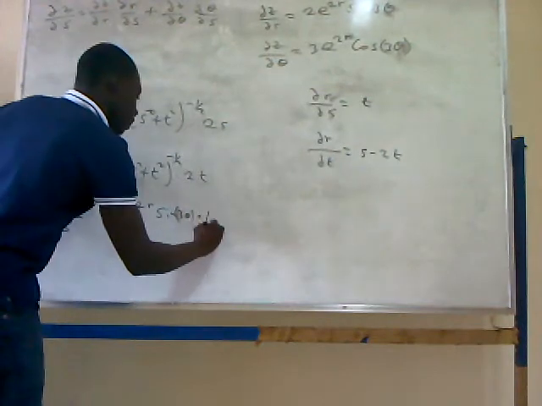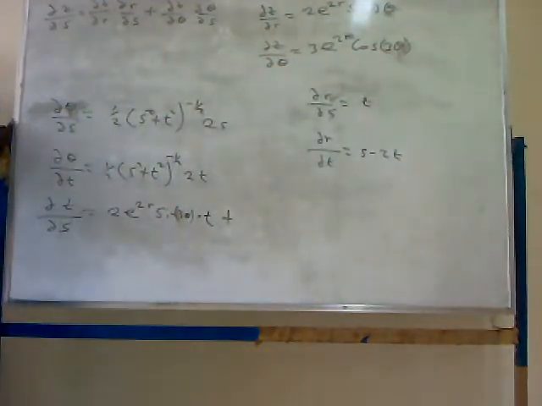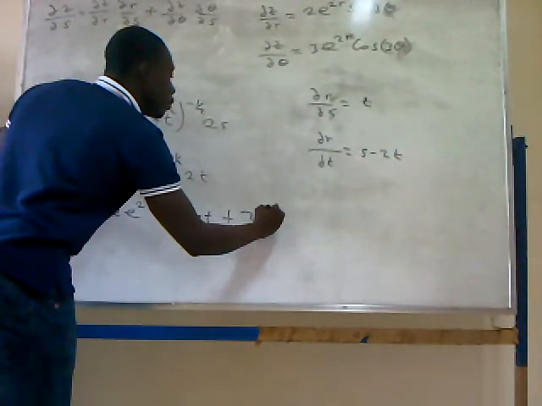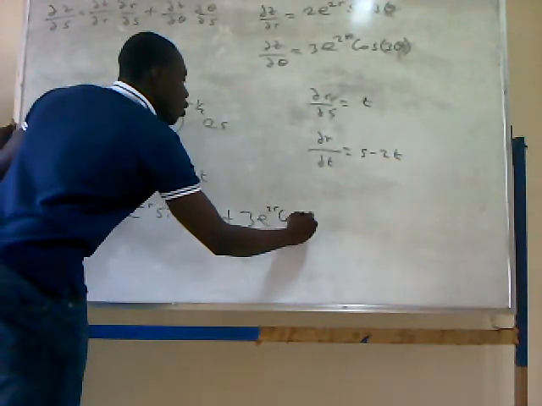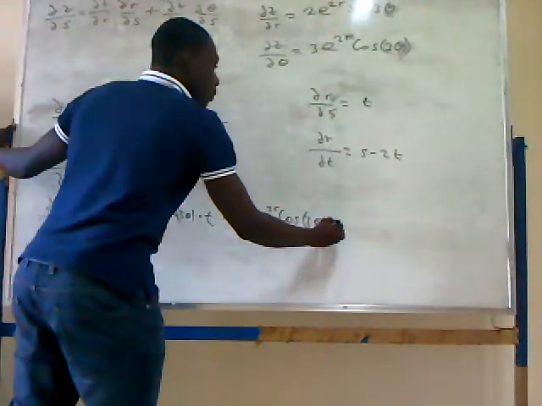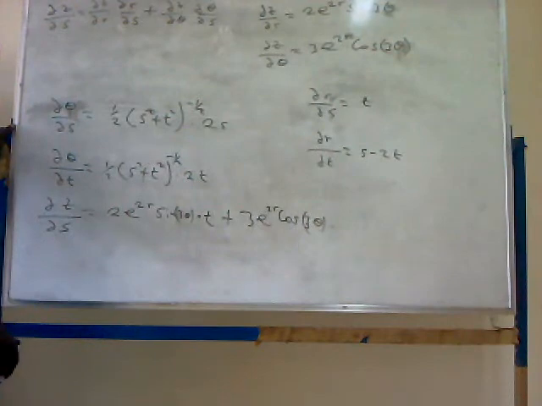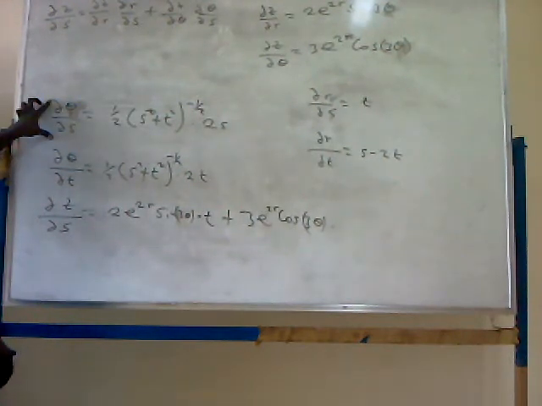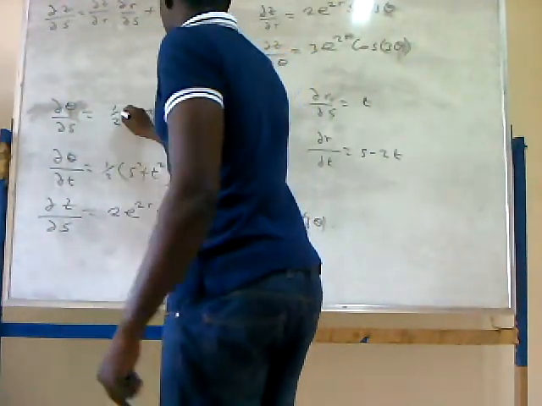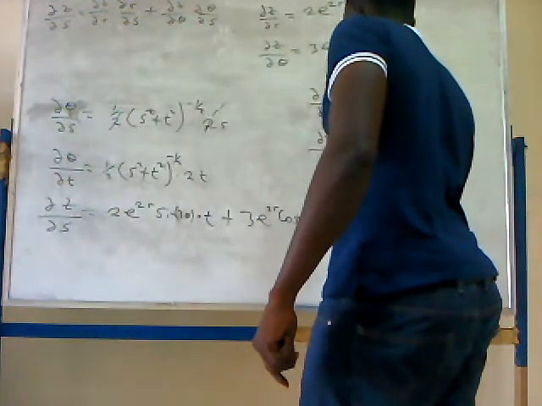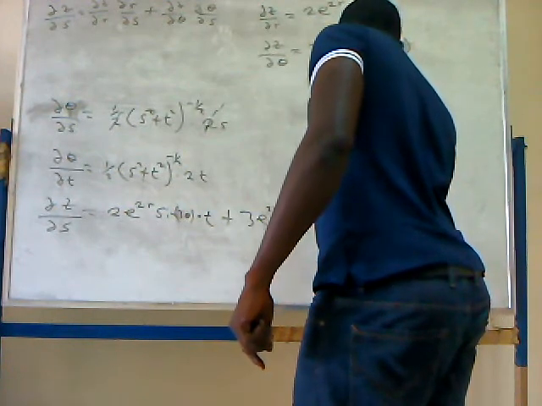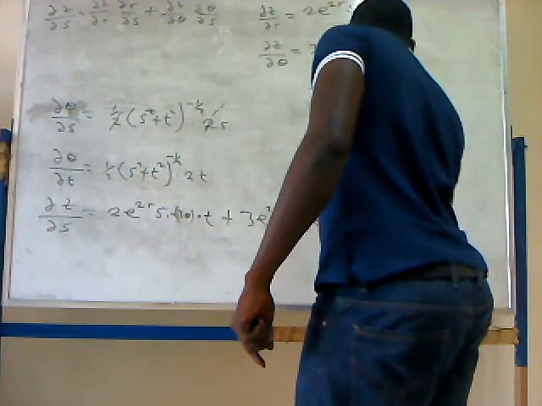This t, plus del z del theta, which gave us 3e to the 2r cos 3 theta, times del theta del s, and that gives me, now this 2 will cancel this 2, so eventually I get s over the square root of s squared plus t squared.